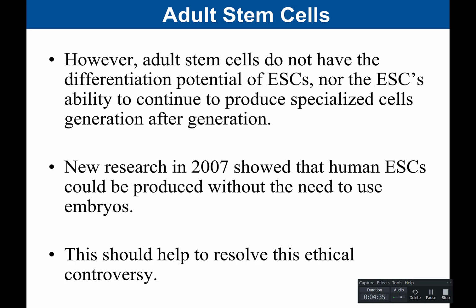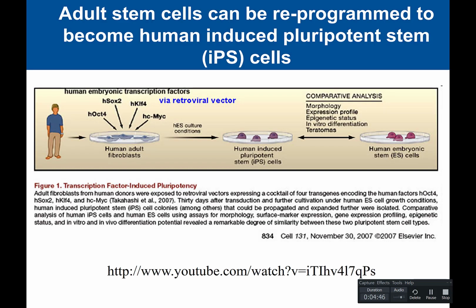New research in 2007 showed that human embryonic stem cells could be produced without the need to use embryos. And so this should help resolve this ethical controversy. And so what we have is they developed a technique called induced pluripotent stem cells.